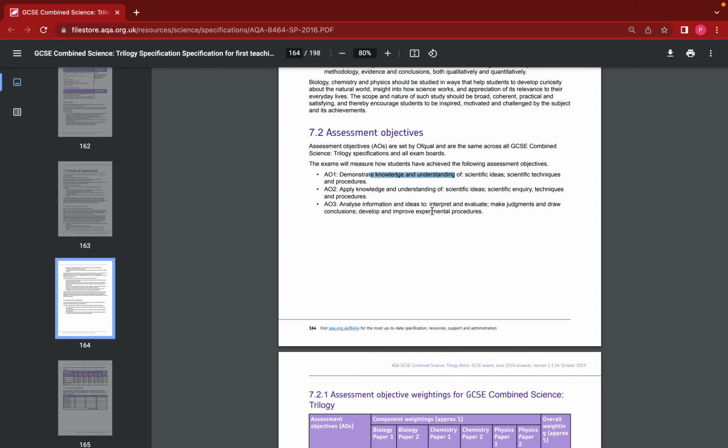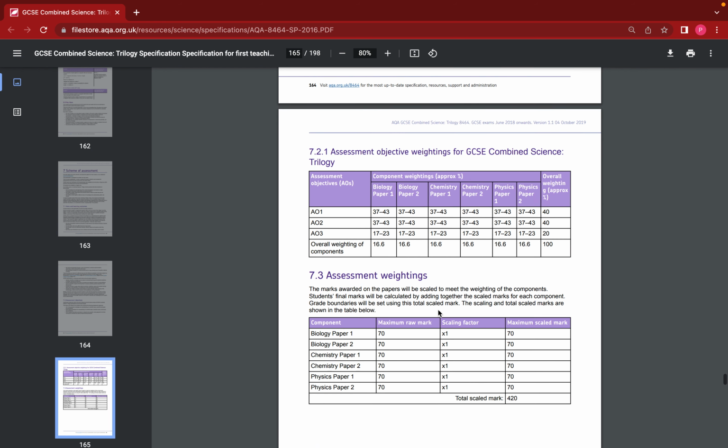So that is the difference between the first and the second one there. And if we look at this third one here, we can see that we have interpret and evaluate, make judgments, and draw conclusions. And this is going to allow you to develop and improve experimental procedures as well. So that's that idea of experimental work as well.